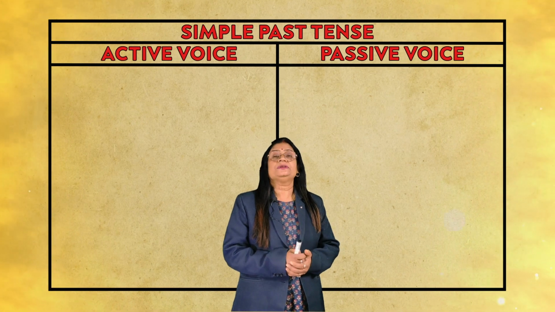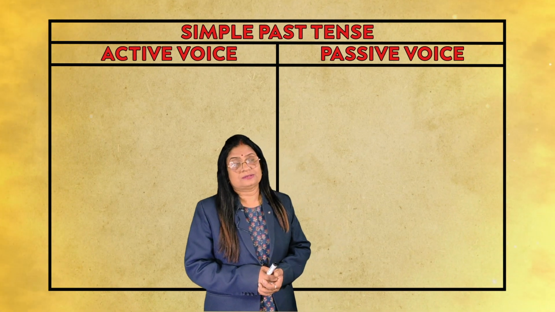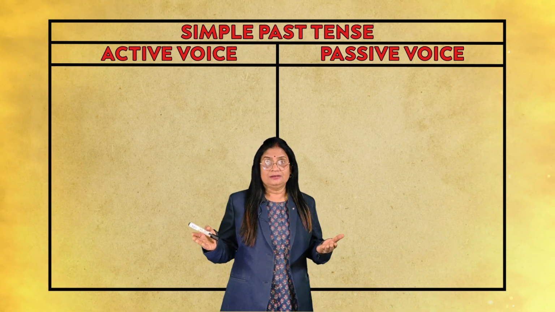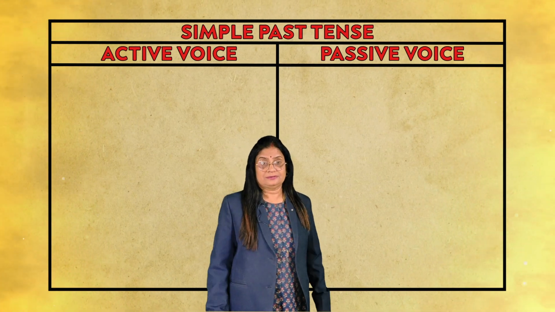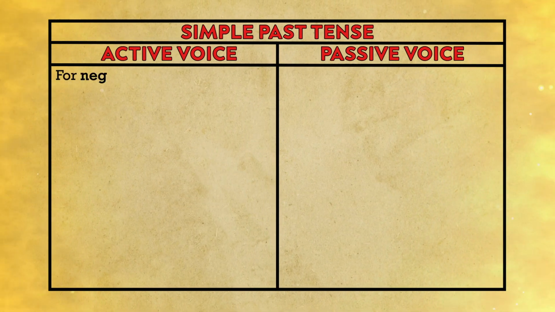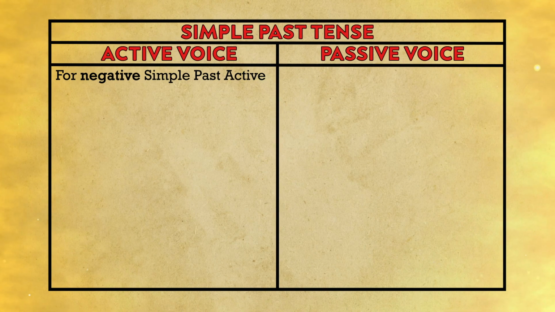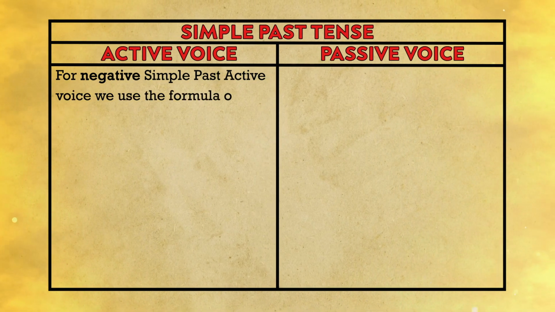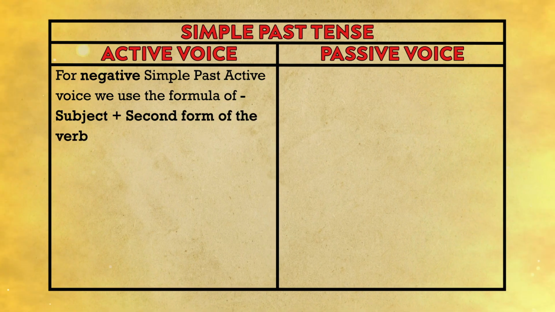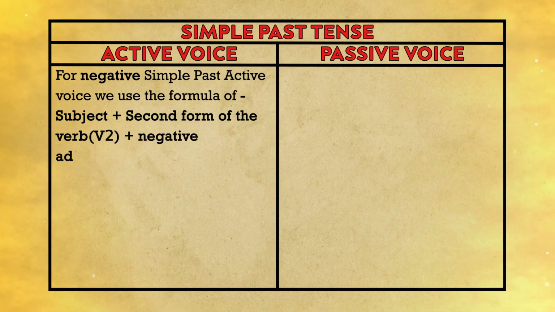For negative simple past sentences, we use the structure formula as follows. For negative simple past active voice: subject plus second form of the verb, that is V2, plus not plus object.